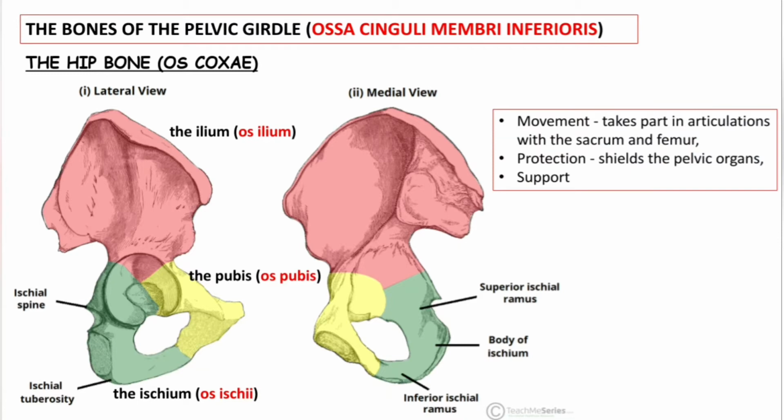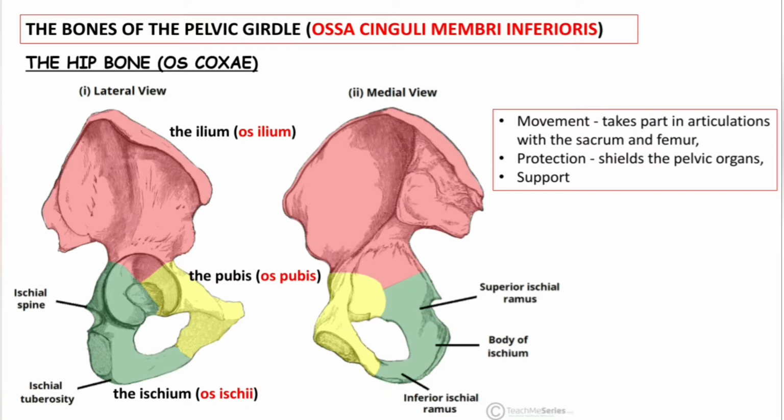With the sacrum it is the sacroiliac joint, and with the femur it is the hip joint. The next functions are protection, and of course support, because the support of the upper body is transferred to the legs through this bone. We can say it's like a bridge.